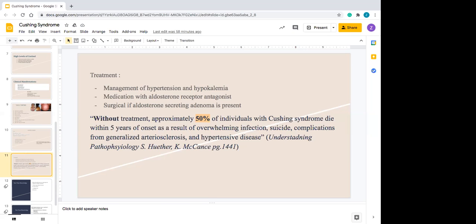Without treatment, approximately 50% of individuals with Cushing syndrome die within 5 years of onset as a result of overwhelming infection, suicide, complications from generalized arteriosclerosis, and hypertensive disease. So this slide also proves what we're trying to say, right? Yeah, with the hypokalemia.